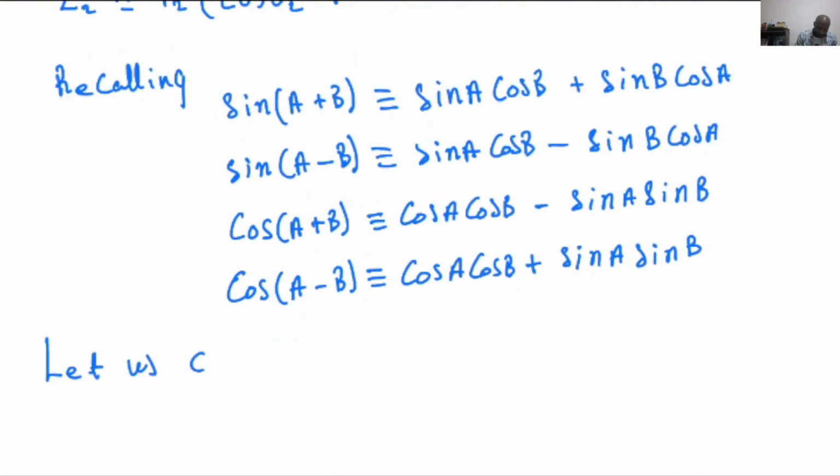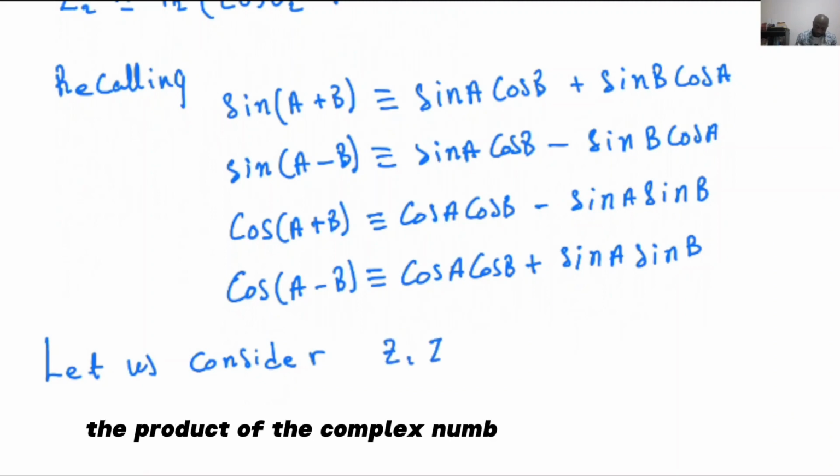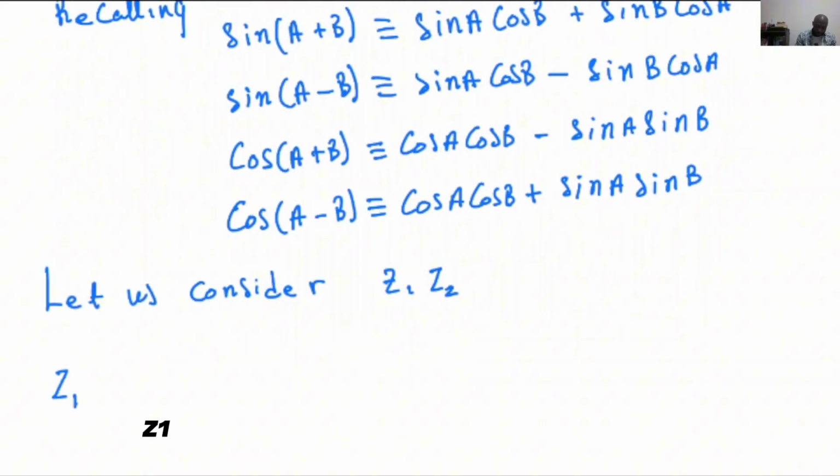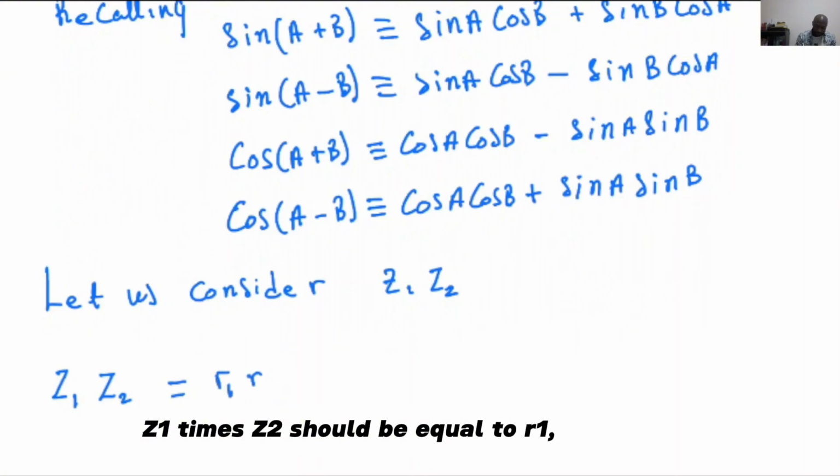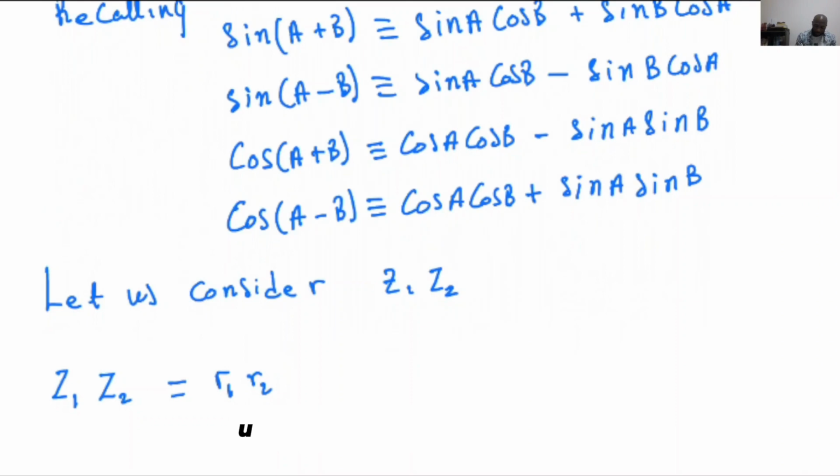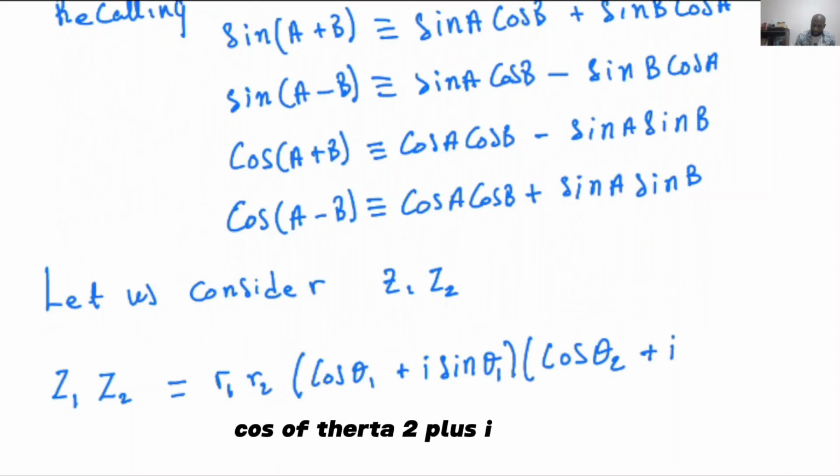Let us consider the product of the complex numbers z1 and z2. z1 times z2 should be equal to r1 r2 in bracket cos of theta 1 plus i sine of theta 1, all of this into cos of theta 2 plus i sine of theta 2.